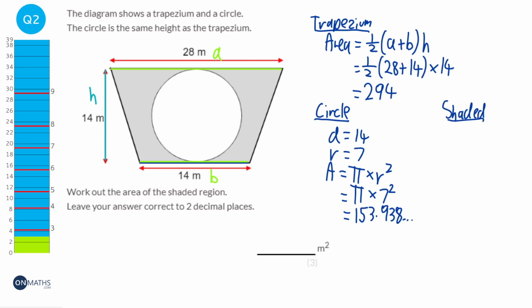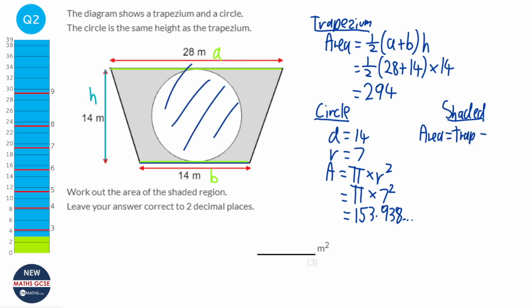Now I'll keep that in my calculator, because next thing we'll do is the shaded area part, and it says we want to work out the area of the shaded region. So the area will be the total area, which will be the trapezium, take away the area that we don't want, which is this bit here, which will be the circle.